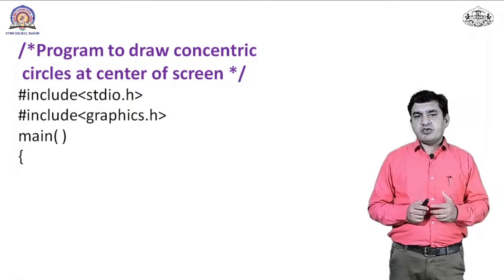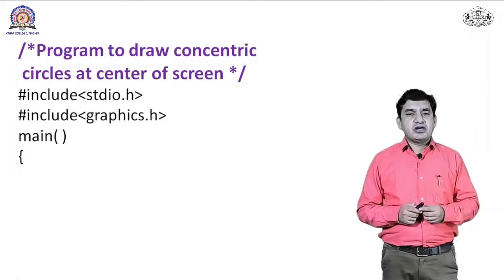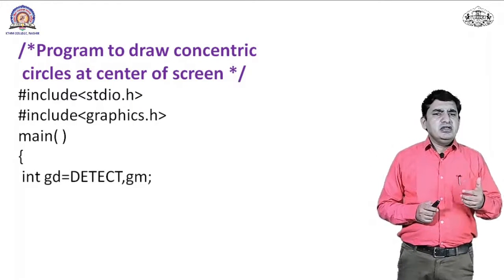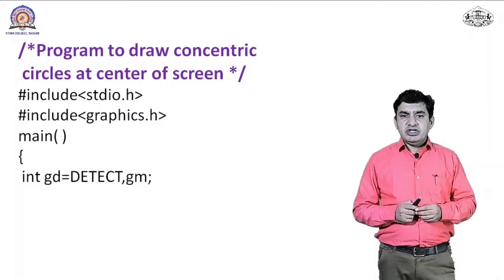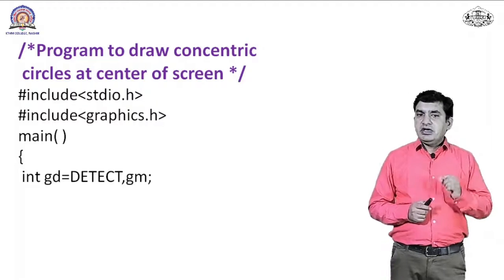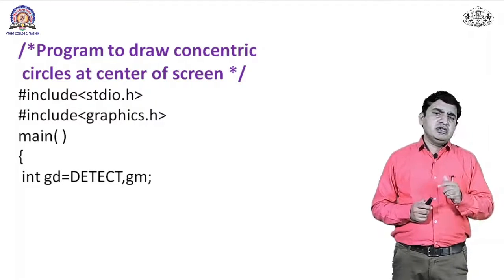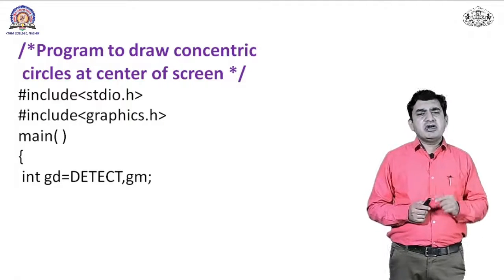Then the body of the program is in the pair of curly brackets, this is the opening curly bracket. Then int gd equal to DETECT, gd means graphics driver, equal to DETECT. The numerical value of DETECT is 0 and gm means graphics mode.